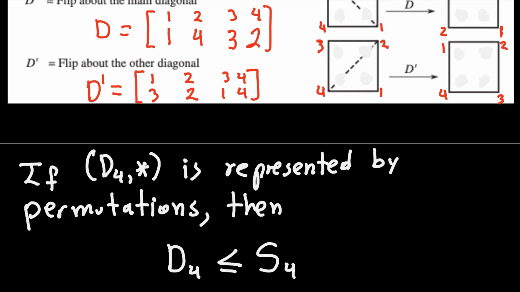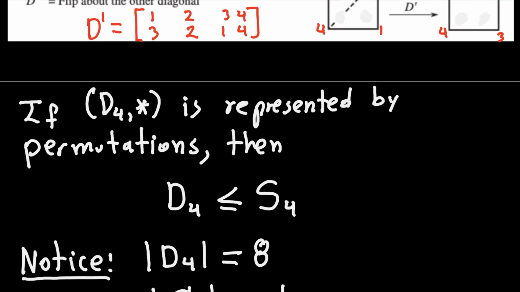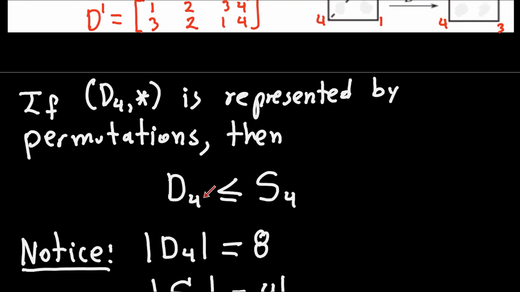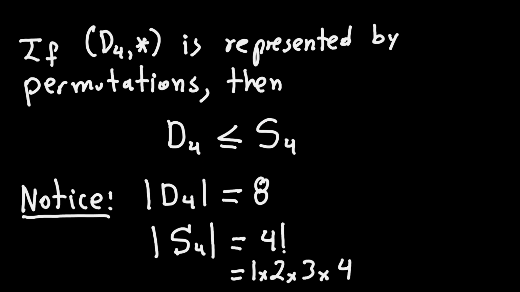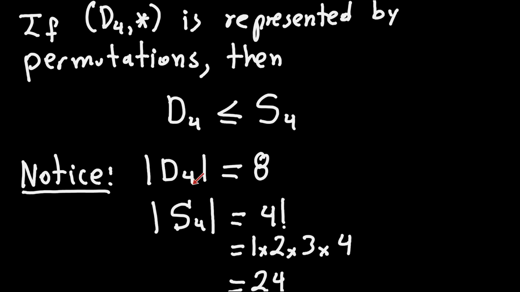So this representation is not only working geometrically in terms of the way in which you do the operation, when you do the concatenation of motions here, it also corresponds to the composition of the function. So if you think about it that way, then D4 is actually a subgroup of S4 if you label the vertices of the square by 1, 2, 3, 4. Now let's recall that D4 has 8 elements, and how many elements do we have in S4?